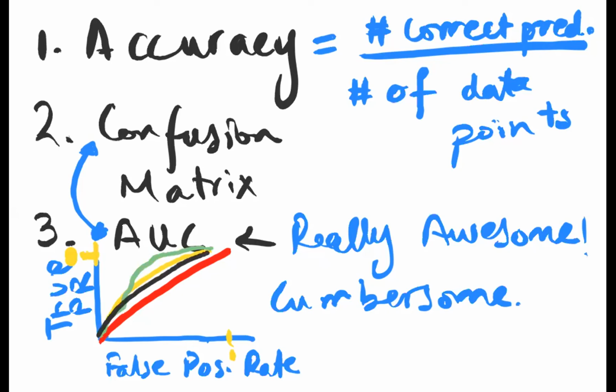These would be the good models, because if your model is actually below this curve, you can simply invert the predictions of your model and get a better AUC curve. So below this red curve doesn't make any sense.